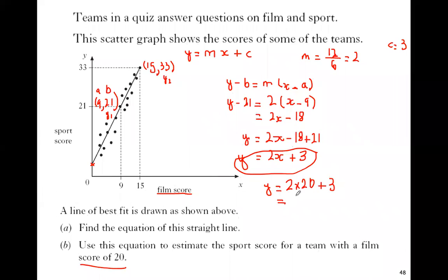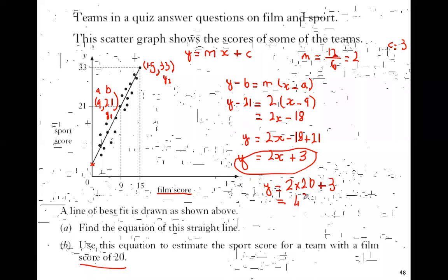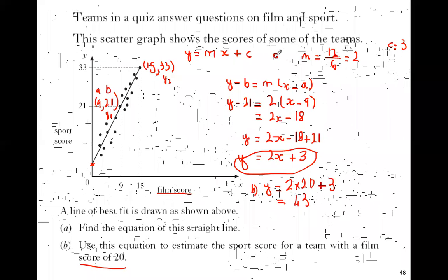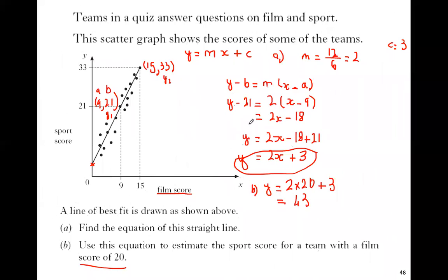So that would be your answer to the second question. So B is a mark of 43 for the sports score, and A is what we've done here, finding the gradient and the equation of the line. So that would probably be 3 marks and a mark, so 4 marks for a typical problem where it's just using straight lines.